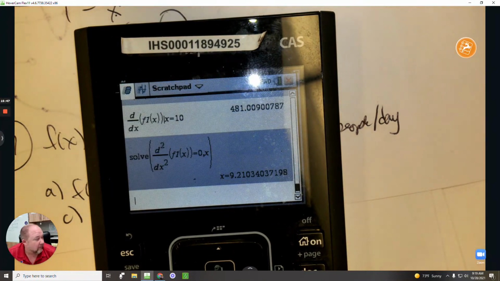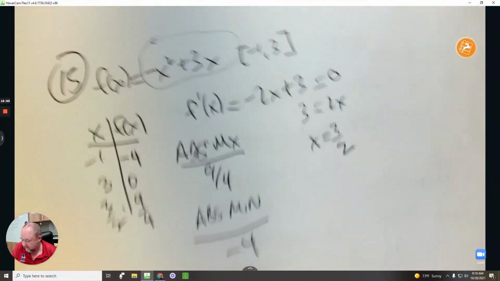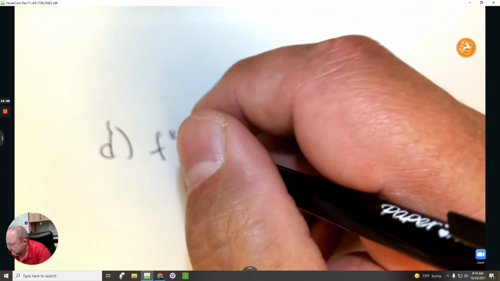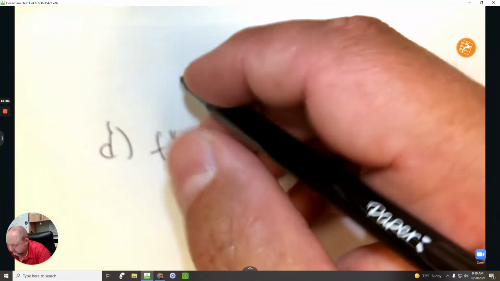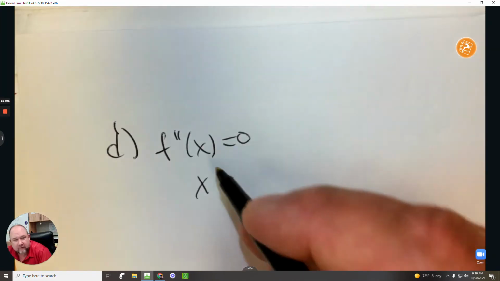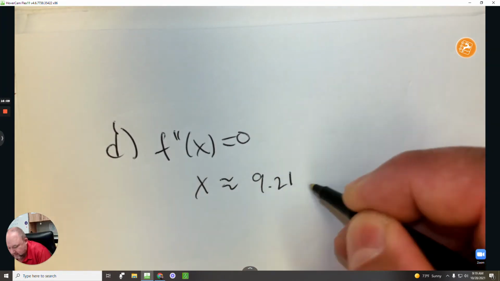And I get only one answer, 9.210. This is B. So I took the second derivative equal to 0 because you use your calculator to show what you're doing. And then we get the answer 9.210.